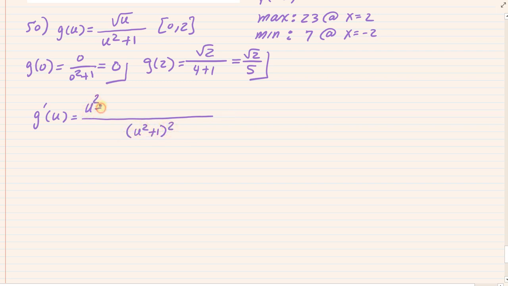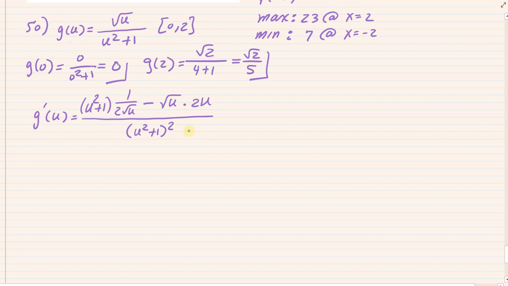Repeat the denominator times derivative of the numerator, which is 1 over 2 root u, minus the numerator, 2 minus u root u, times derivative of the original denominator, which is 2u. Right, not this denominator, the one we squared, the original one.